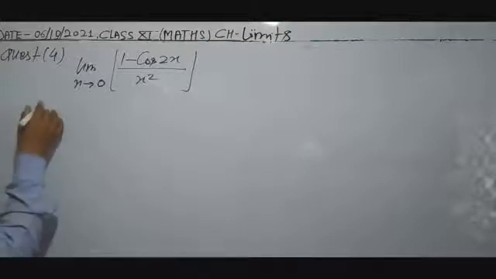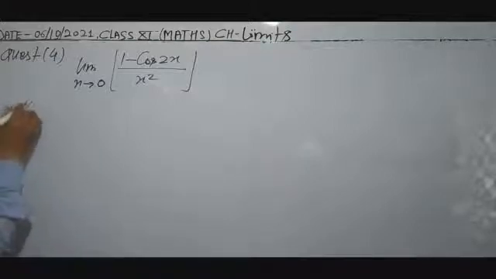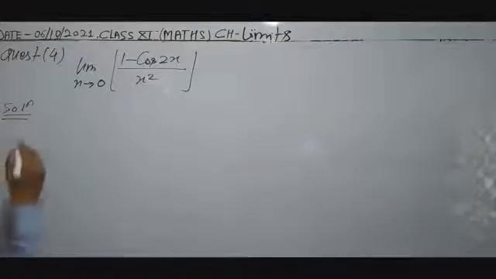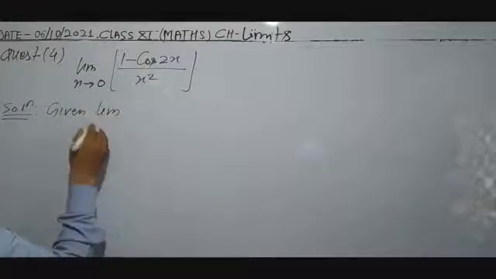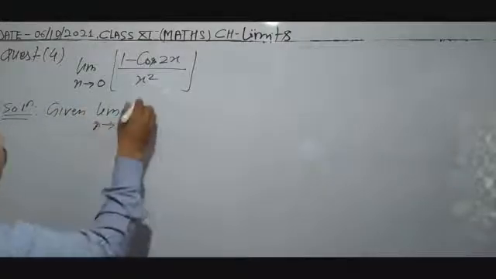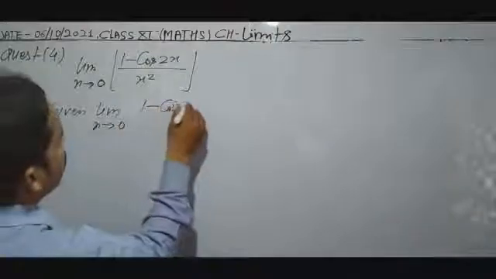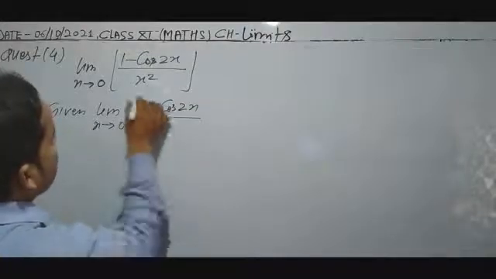So now use the formula. See the solution. Given limit x tends to 0, 1 minus cos 2x upon x square.